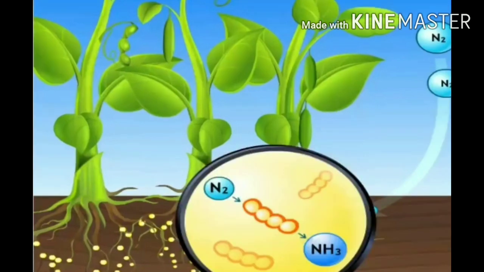Nitrogen is an essential element used in the synthesis of proteins and other compounds. This is taken up in the form of inorganic nitrates or nitrites, or as organic compounds which have been prepared by bacteria from atmospheric nitrogen.